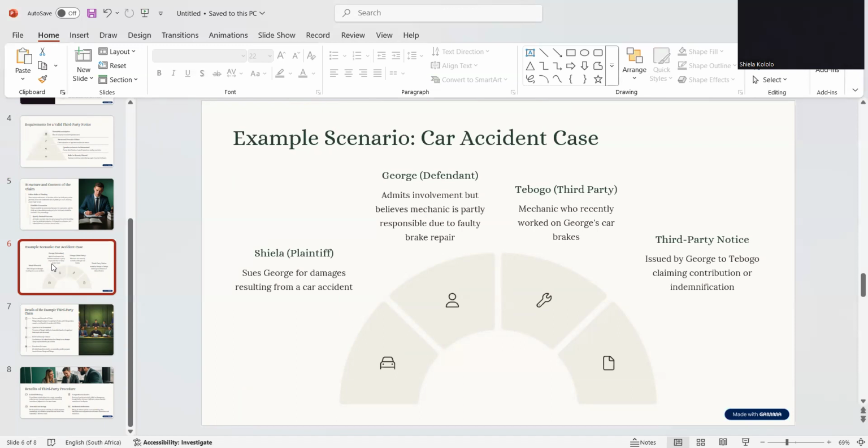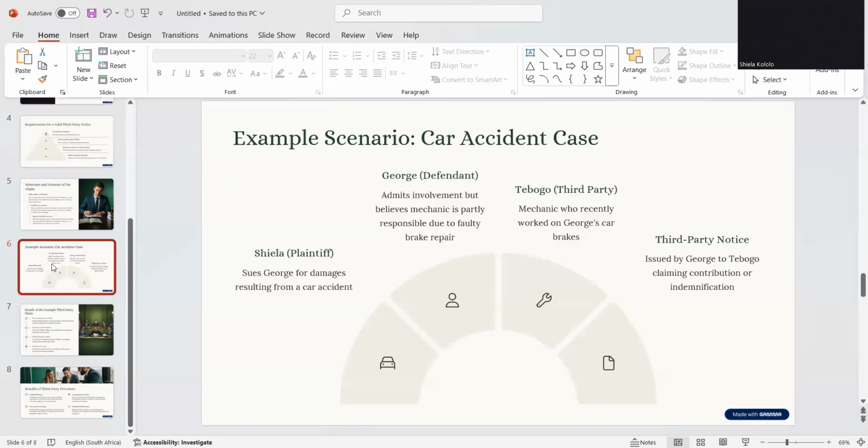So now can we call Tebogo, who is now the third party, the mechanic who recently worked on George's car brakes, to join in, because George says, yes, my car couldn't brake. But honestly, it's because Tebogo did poor workmanship on my brakes. My brakes did not work.